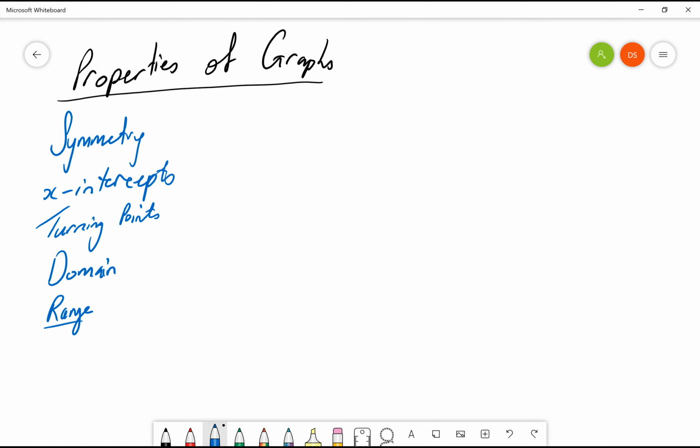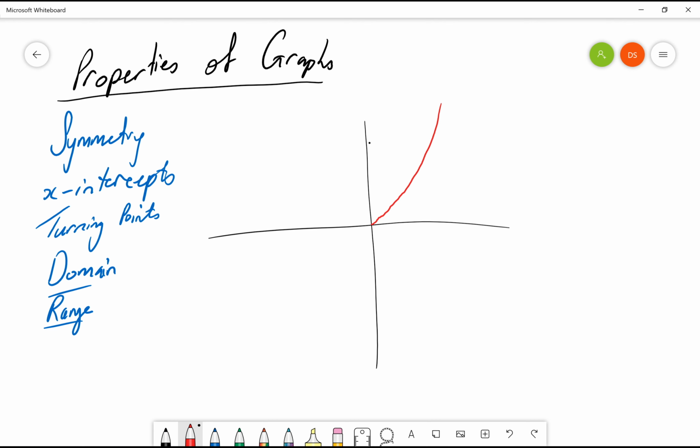Depending on what I set the domain and range, I can create a different situation. Mr. Dharma, please clarify. So I'm going to draw a rough parabola. It's not going to be the best parabola in the world. All right, here's my parabola.